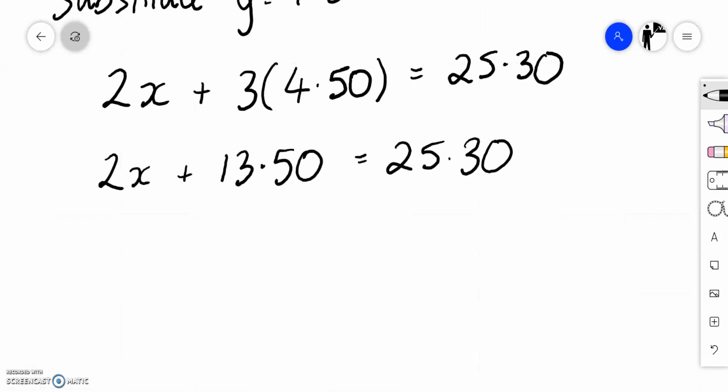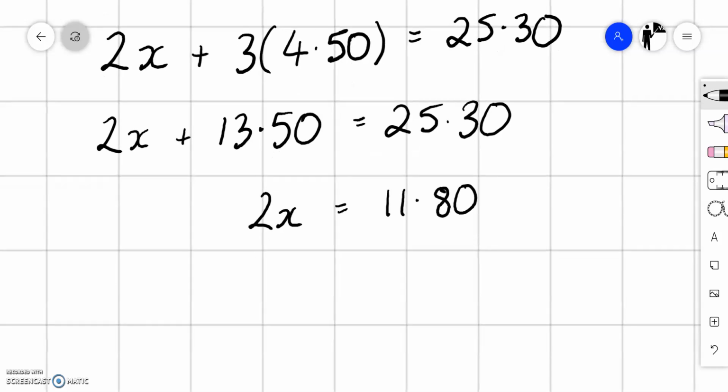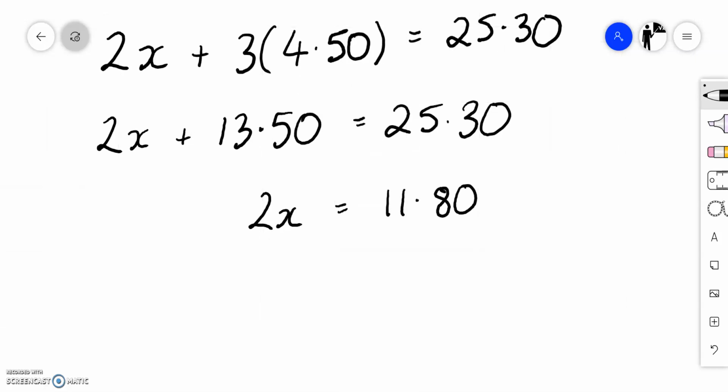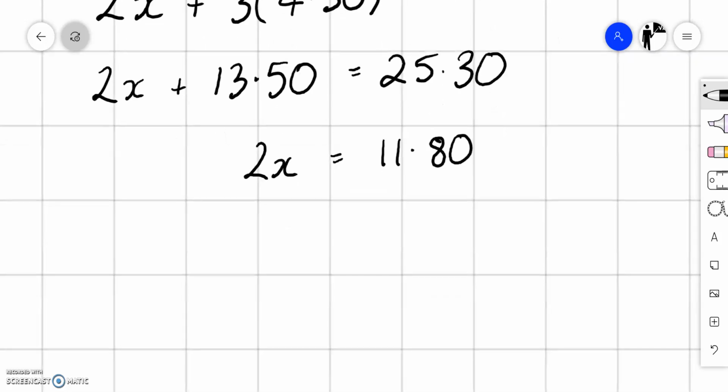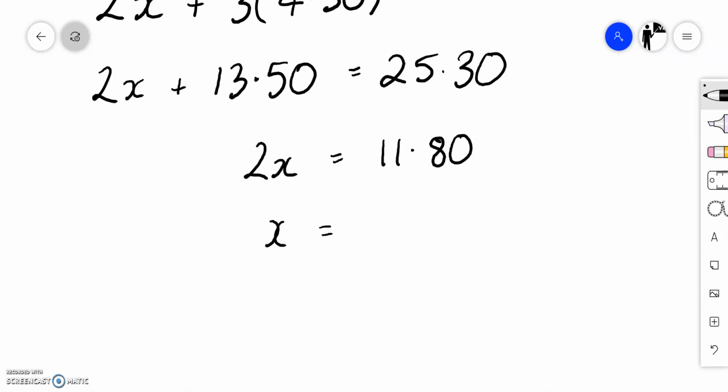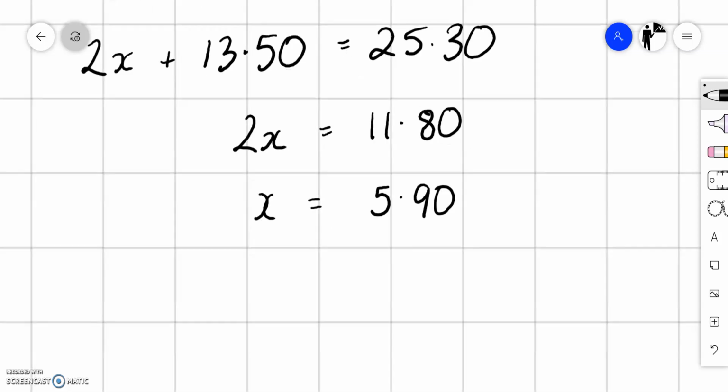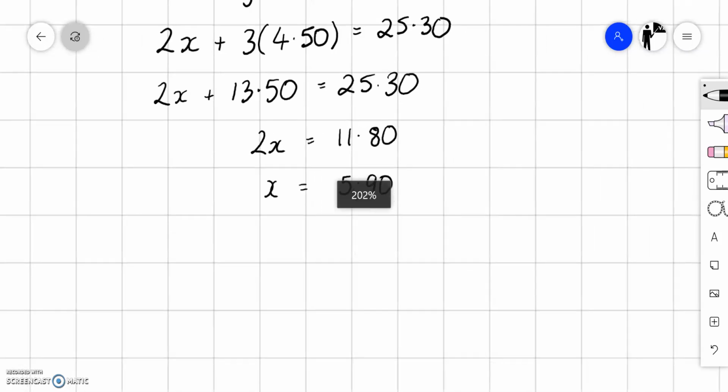We'll subtract 13.50 from both sides, so that's going to be 11.80. Let's just double check that, 25.30 take away 13.50 is 11.80, yep. And then we'll divide by 2. And I think that's going to be £5.90. £5.90 times 2 is £11.80.